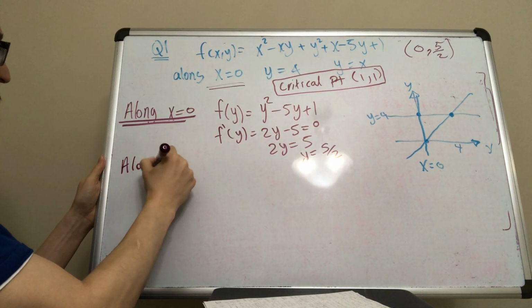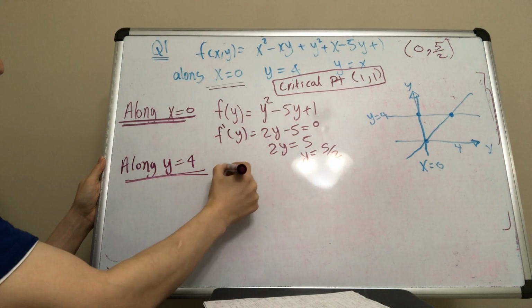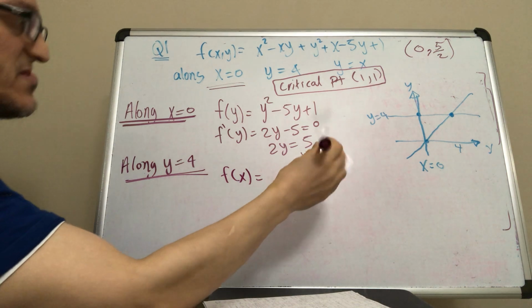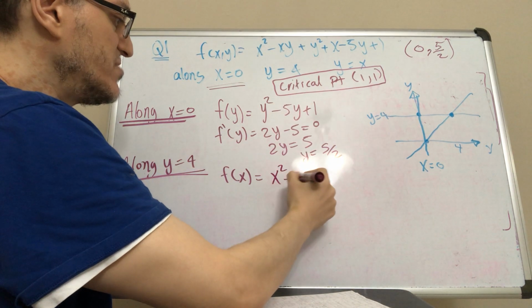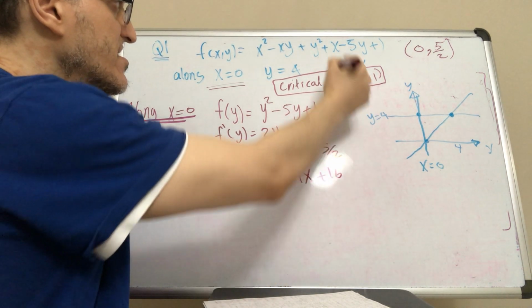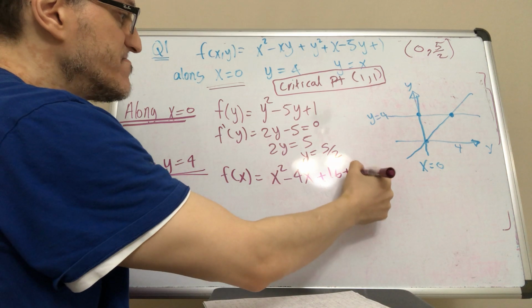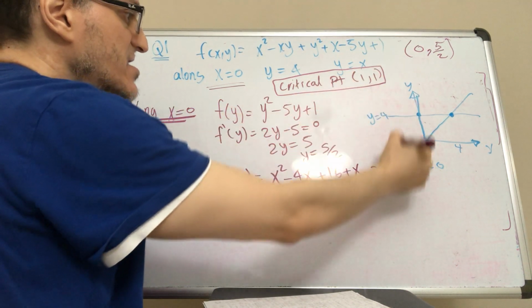We go along y equals 4. So the function will be all in terms of x only. Put 4, this is x squared. 4 here would be 4x. 4 here would be 16. This is x. 4 here would be negative 20. And this is 1.